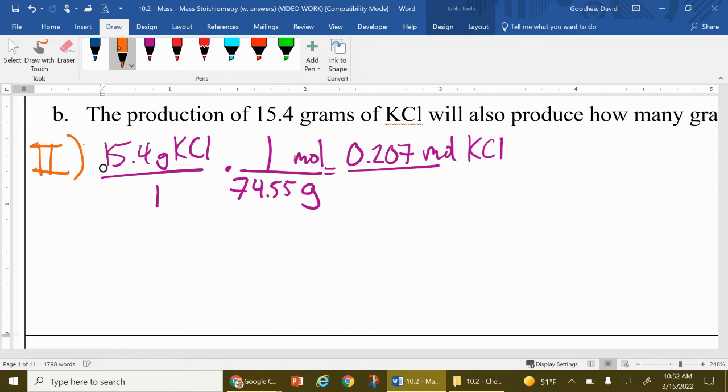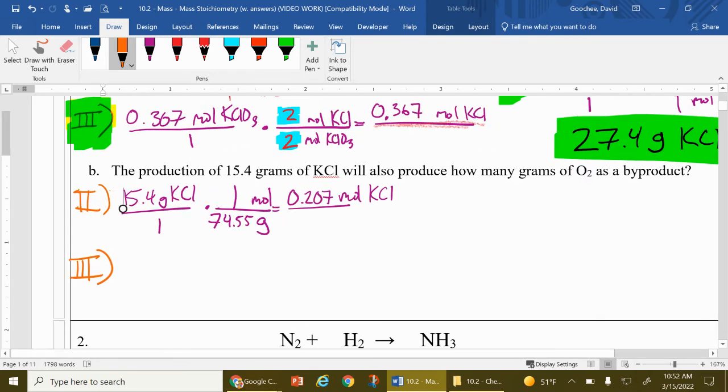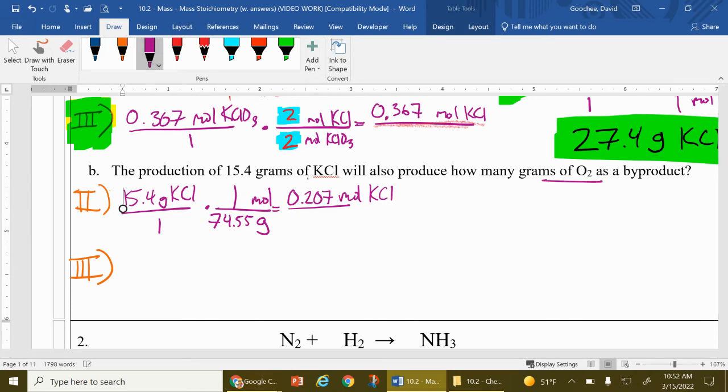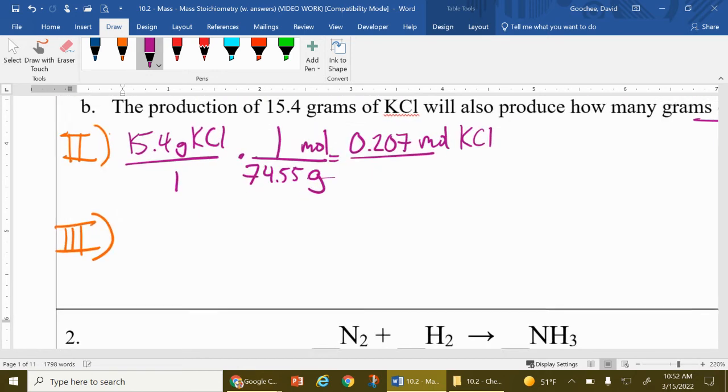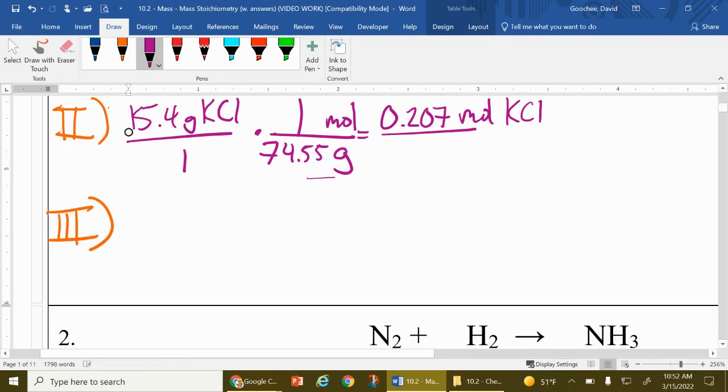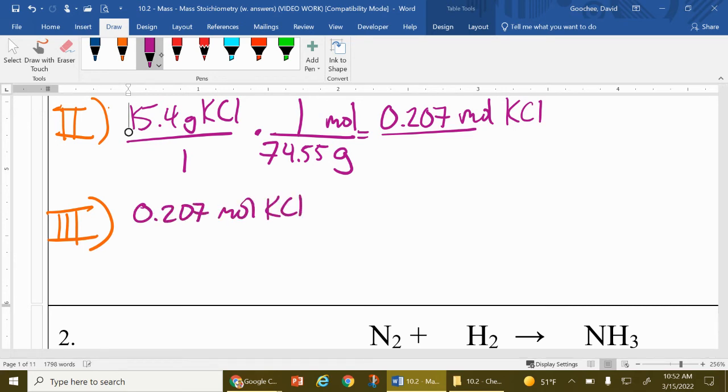Now that we've got moles of KCl, the next step is to take moles of KCl and convert them into moles of whatever final substance we're trying to work with here, which in this case is O2. So we're going out of moles of KCl into moles of O2. We have 0.207 moles of KCl, and we're trying to figure out what that is in moles of O2.